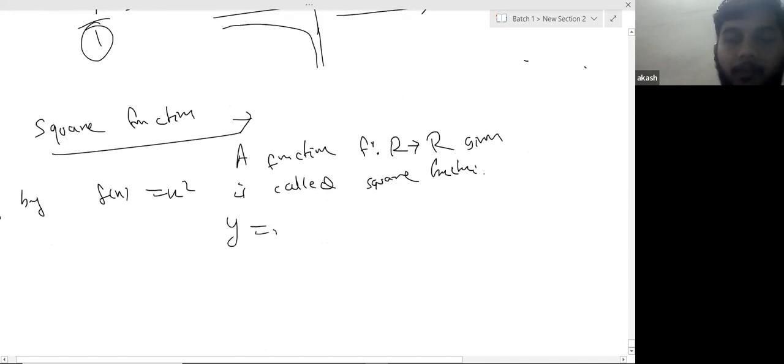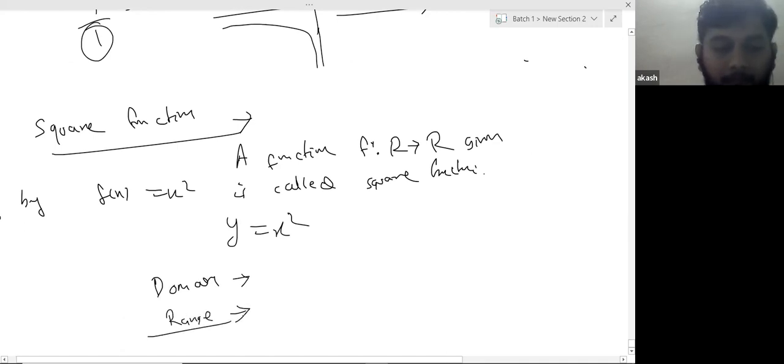Here we have y equals to x square. Name the domain and range. What is the domain and range of y equals to x square?